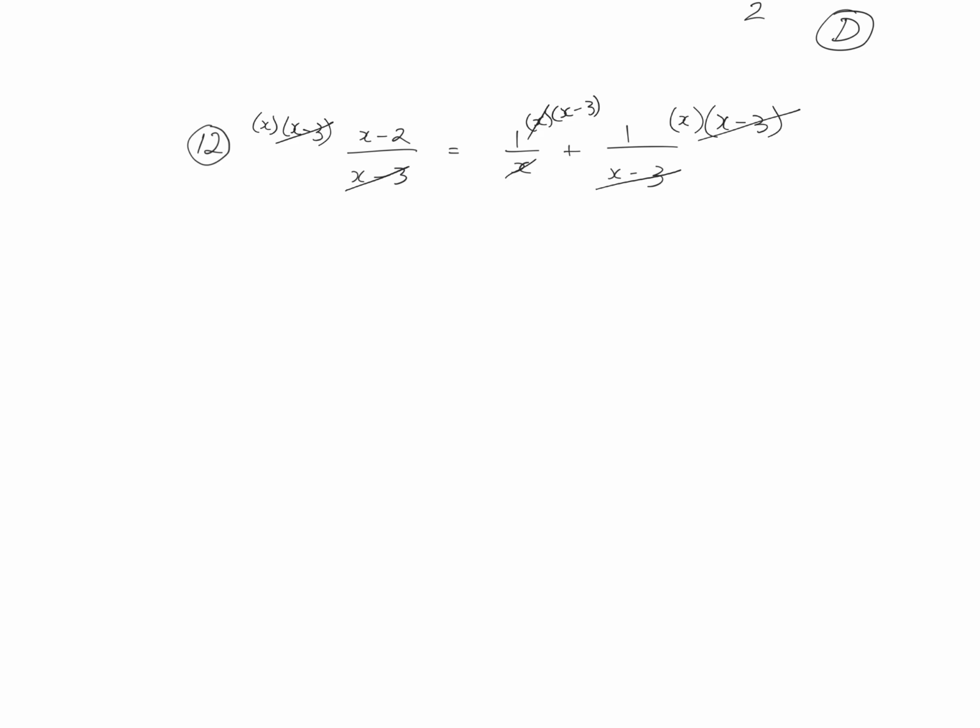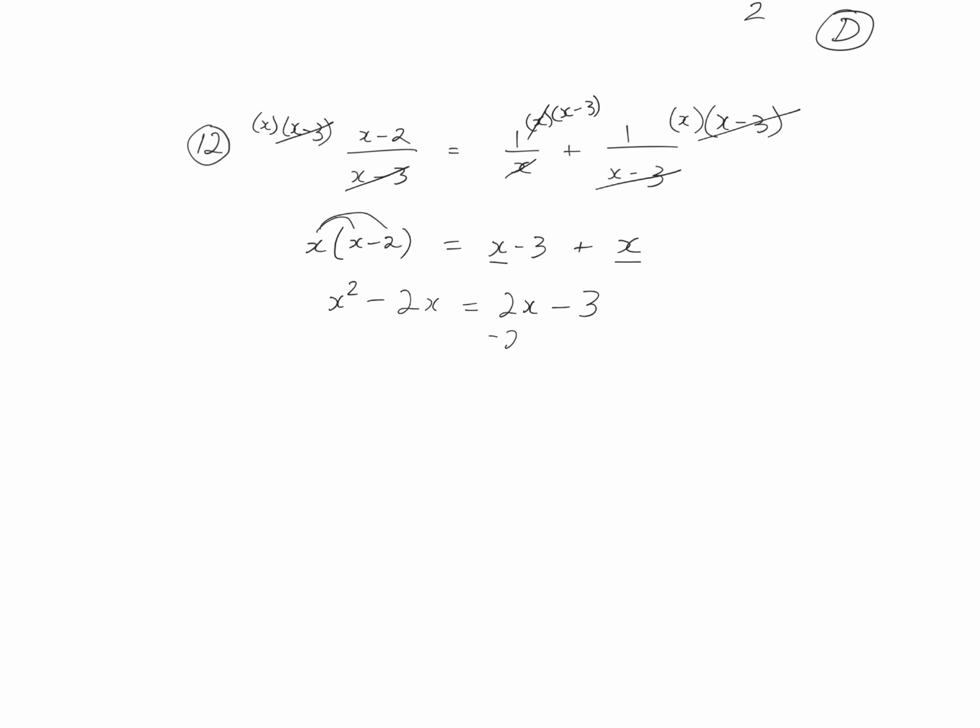So in the numerator, we have x times x minus 2, and then we have x minus 3 plus x. We just need to distribute this: x squared minus 2x equals x plus x, which is 2x, minus 3.